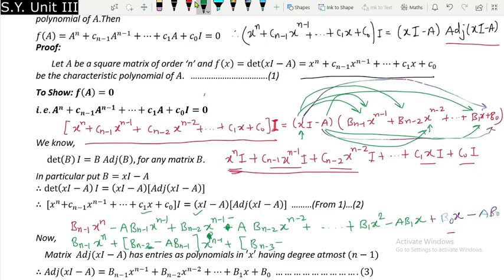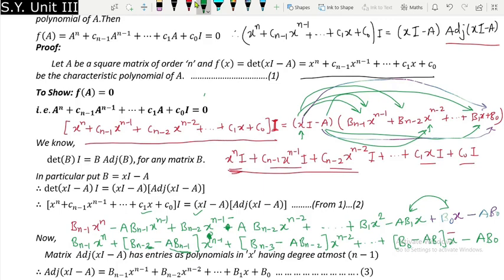So bn minus 3 minus a bn minus 2, and over here it will be x raised to n minus 2. This will be continued so on, plus what you will get here now. So what will be the coefficient of x? Coefficient of x we are going to get from these two terms. So it will be b naught minus a b1, it will be x, and at last you will be left with minus a b naught.